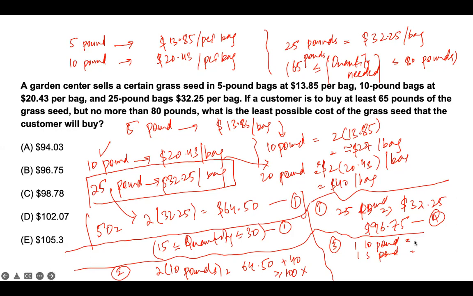And if I add those to this 64.50, that will be greater than our least available option, which is again 96.75. So the idea is you can consider any case provided to you. You will get a best possible option, which is $96.75.